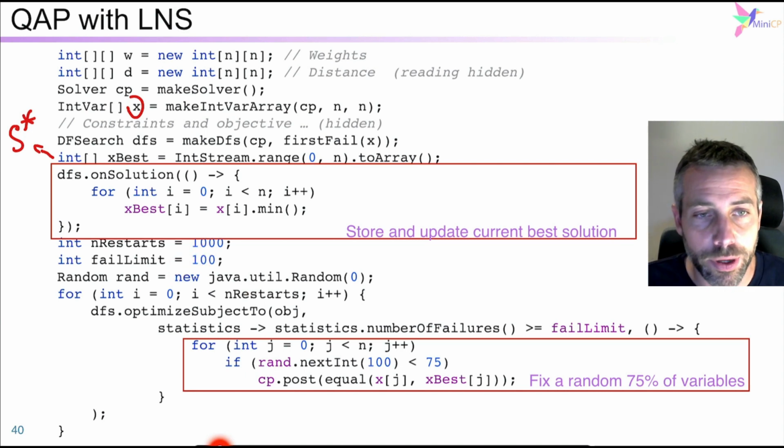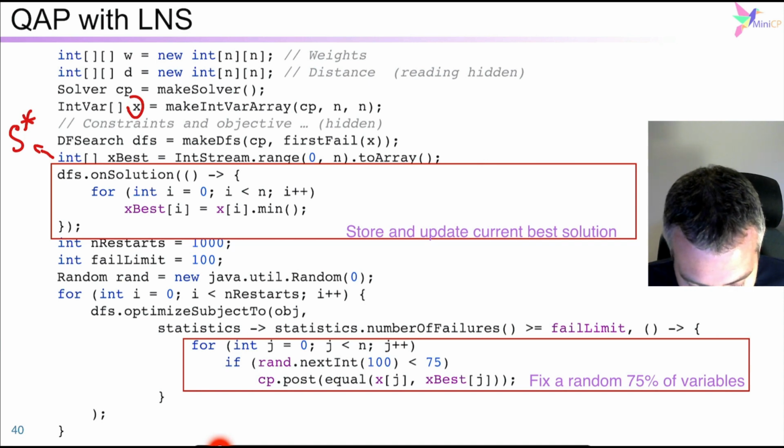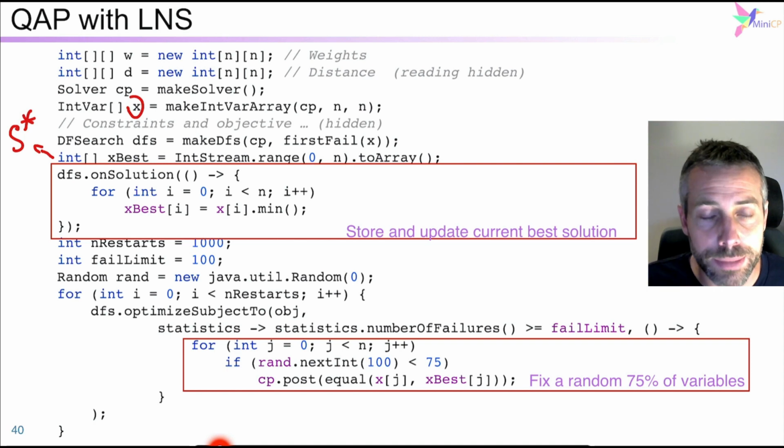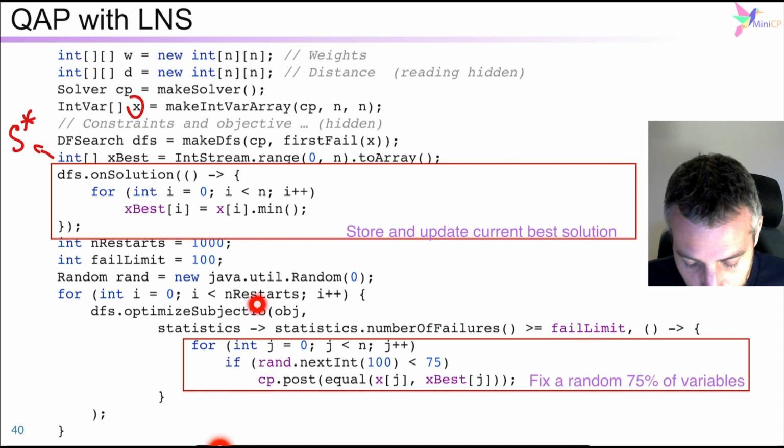There is one additional parameter to the LNS that is very important. When you do the optimize subject to, you need to fix a limit so that you do not search for too long with this given relaxation. The limit that we fix here is exactly 100 backtracks. So the search that you start has a limit of 100 backtracks, and that's the predicate that you can give to your search.